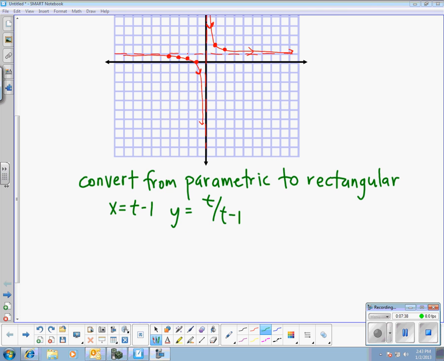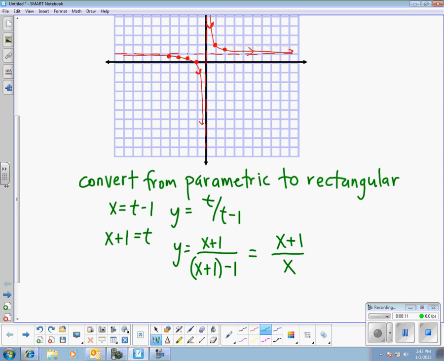And if it's t we're trying to eliminate, this is called eliminating the parameter, by the way. t is called a parameter, that's the name parametric. If you're trying to eliminate t, then solve one of your equations for t, and then sub into the other one. So if I take this equation on the left and figure out that t equals x plus 1, then in my other equation, I've got x plus 1 on the top, and I've got x plus 1 minus 1 on the bottom, which just leaves me with x plus 1 over x.